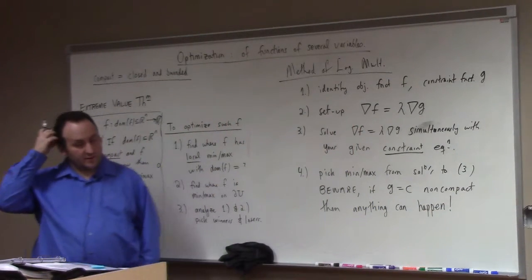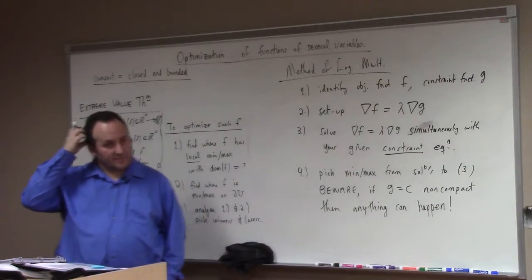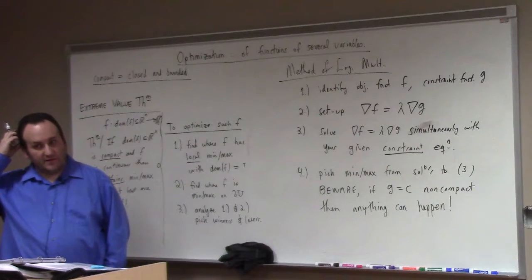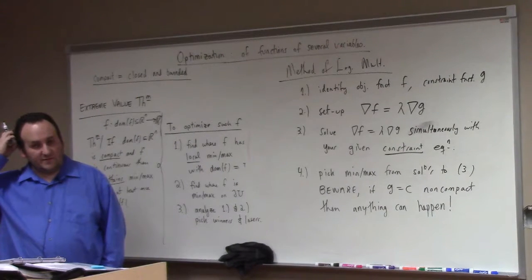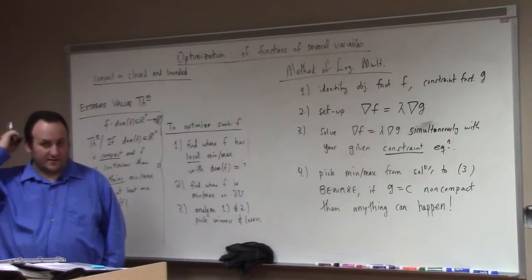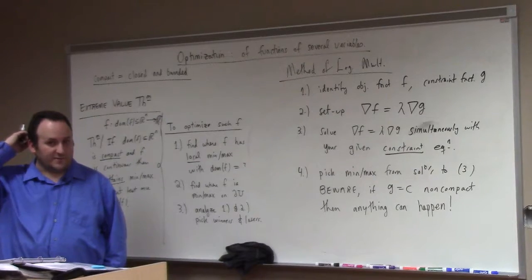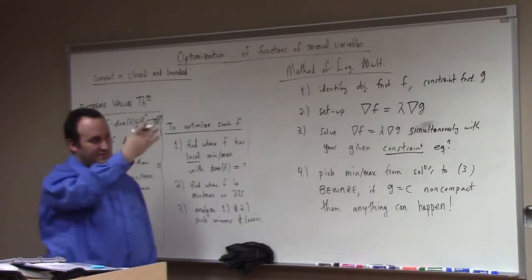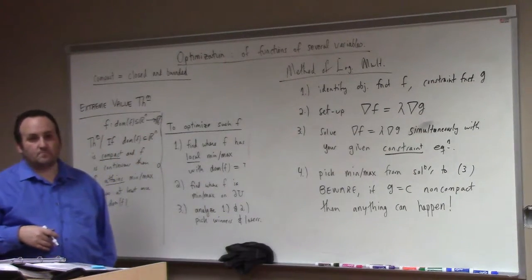If your constraint curve or constraint surface is not compact, we don't get the extreme value theorem: garbage in, garbage out. The assumption of the derivation was that there exists an extremal point. If your constraint surface or curve is not compact, you're looking for something that's not there. You can go through the steps, but it's deceiving.